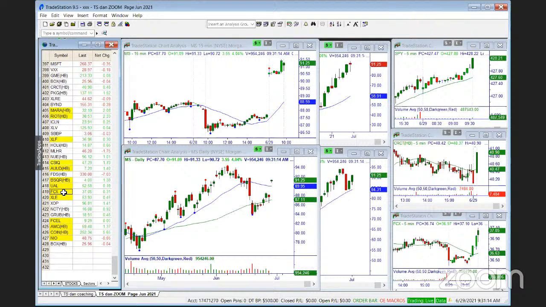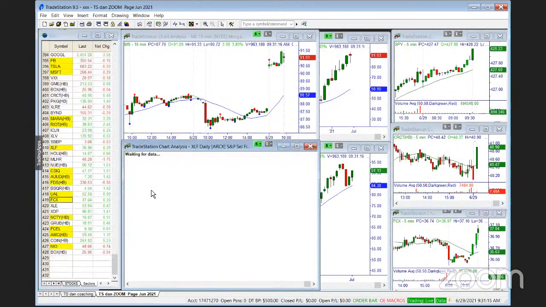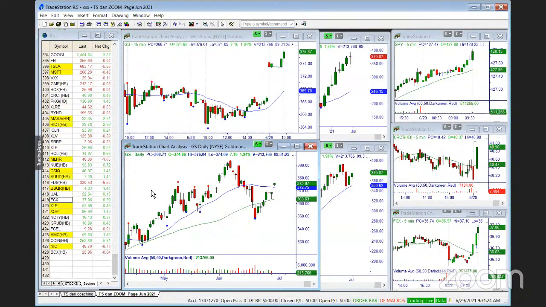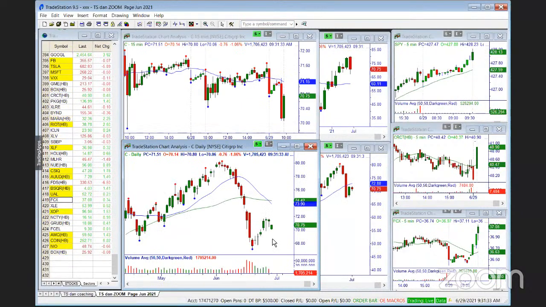No pattern on Morgan, but if someone wants to scan banks, Goldman, that's bullish. It's gapping over this red bar and now has a price void. So Goldman looks higher. Citigroup's NASDAQ coming down hard.